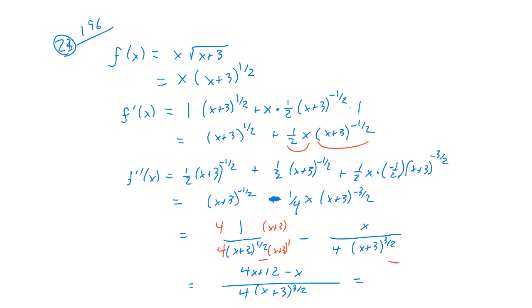So that's 3x + 12 over 4 times (x + 3)^(3/2). That was a lot of work. But does that second derivative look right before I go any further? Yeah, it looks right.